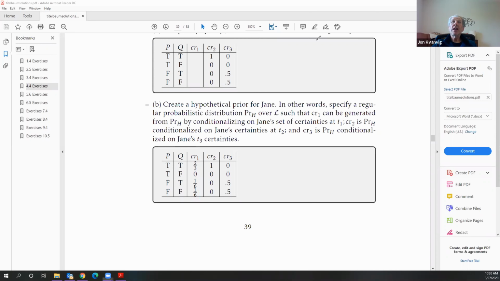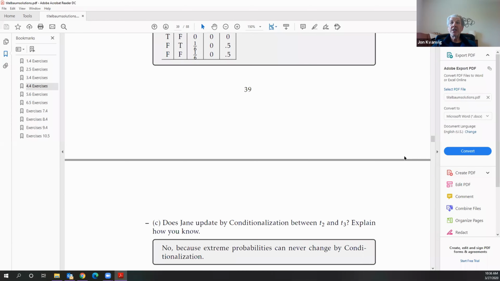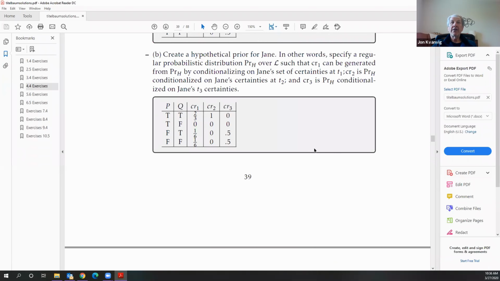Now, this is a crazy chart because it can't actually be a case of updating by conditionalization between times T2 and T3, because extreme probabilities can never change.